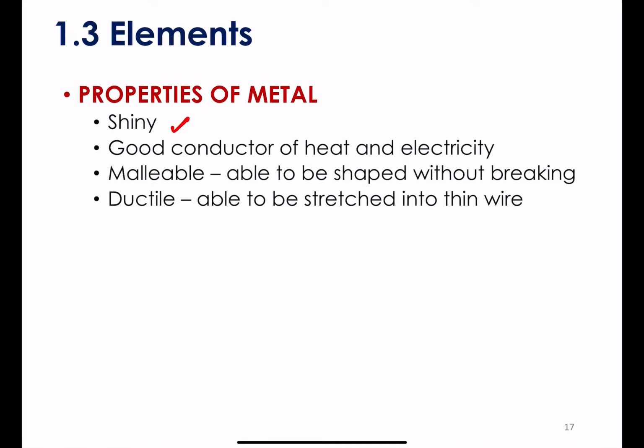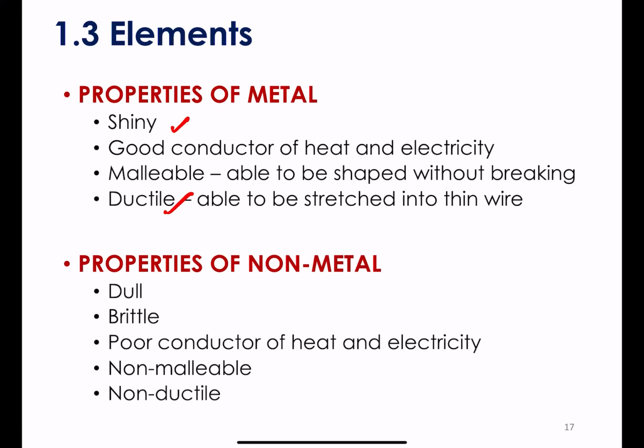And then, good conductor of heat and electricity, meaning it can induce current. And then, it is malleable. Malleable means able to be shaped without breaking, meaning we can form it into different shapes without breaking it. Next, metal is also ductile. What does ductile mean? Able to stretch into thin wire. Meaning we can stretch it, pull it until it becomes a very fine thin wire. Okay, so those are the properties of metal.